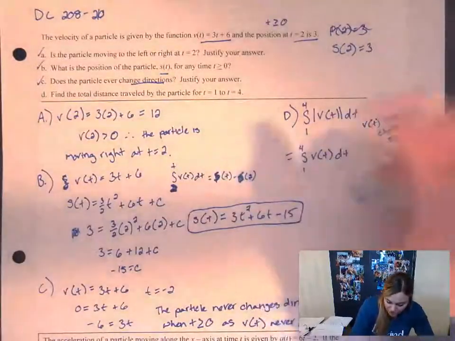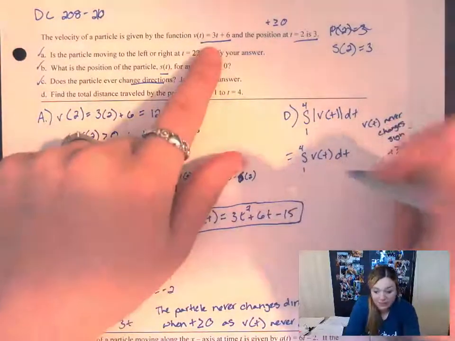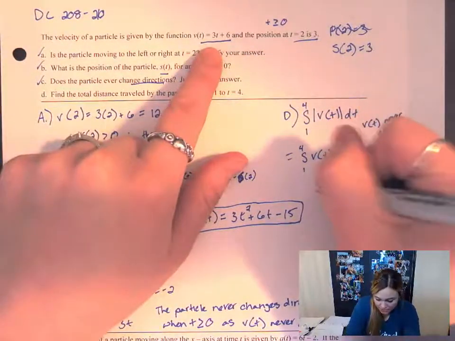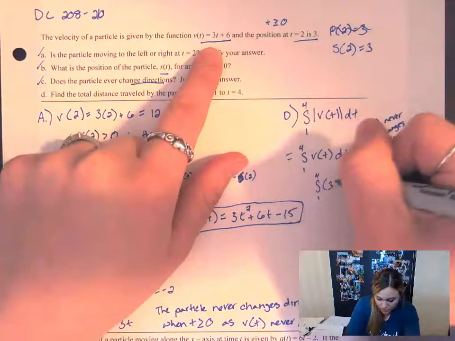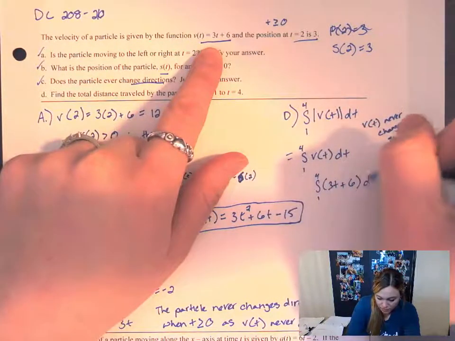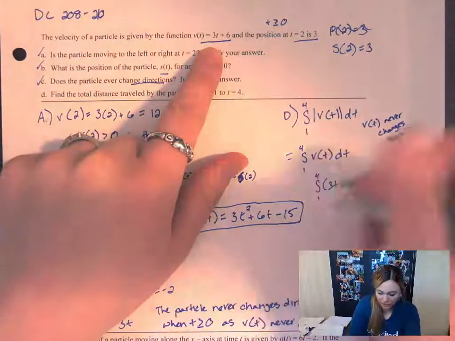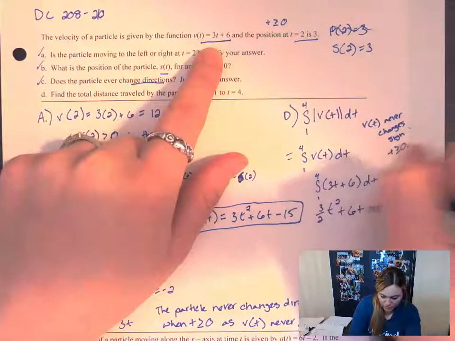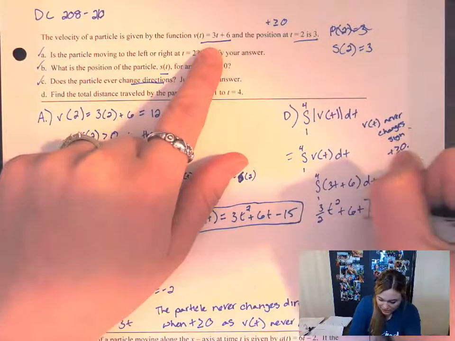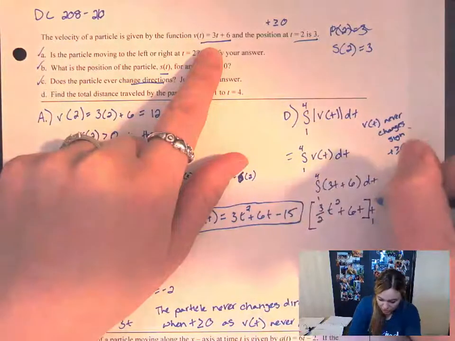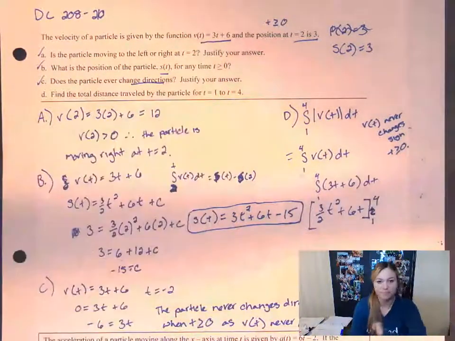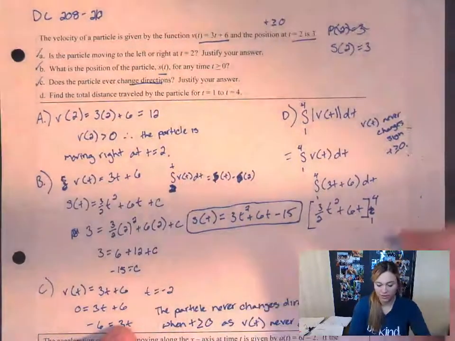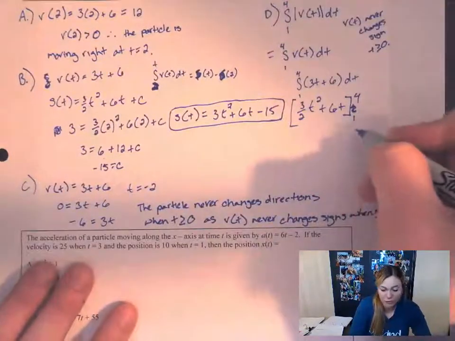And so these are now equal in this problem. So what I can do is integrate from 1 to 4. This is 3t plus 6. Take the antiderivative. Oh, I don't even need a plus c because I'm just integrating from 1 to 4. Substitute in 4, substitute in 1, subtract them.